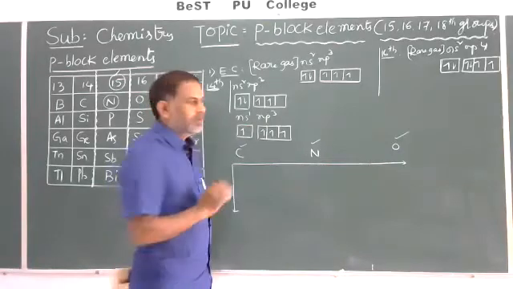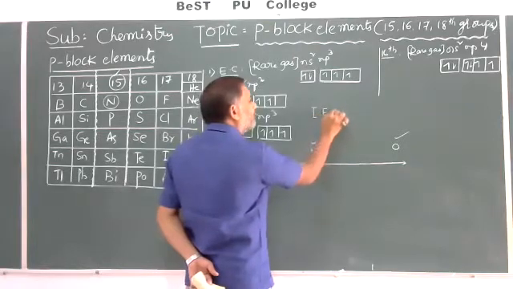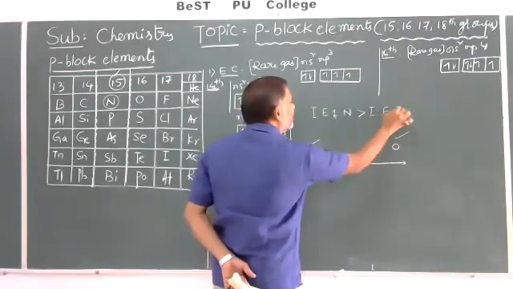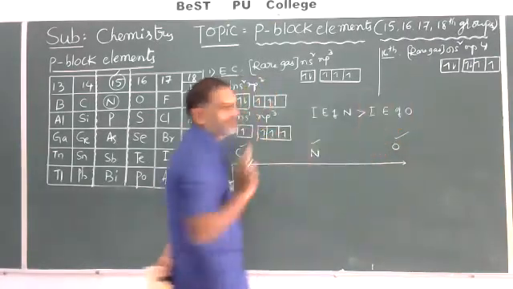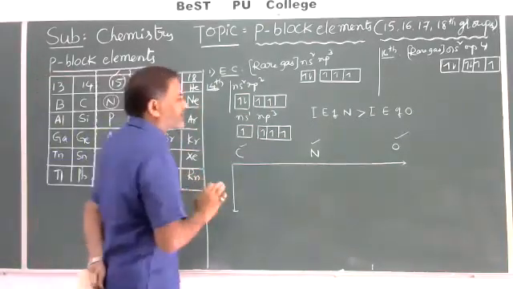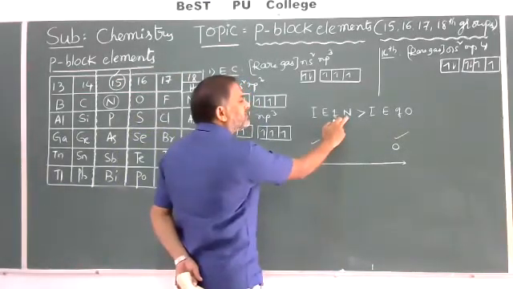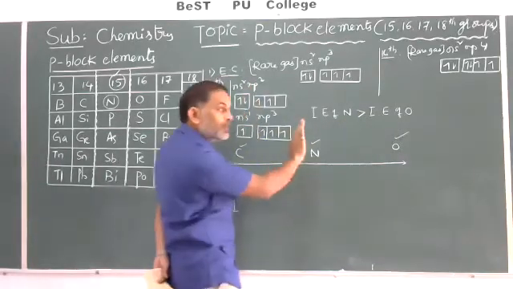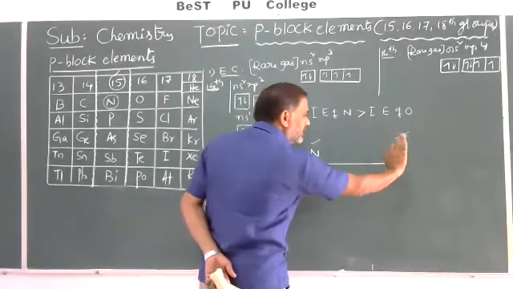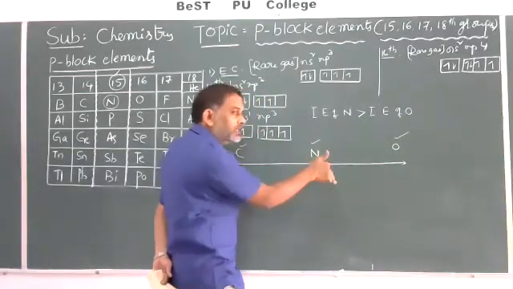But in this case, the ionization energy of nitrogen is greater than the ionization energy of oxygen. Why? This is a first year concept, ionization energy in the periodic table. Why is the ionization energy of nitrogen greater than oxygen, even though in the periodic table from left to right size decreases, electronegativity increases, and ionization energy also increases?